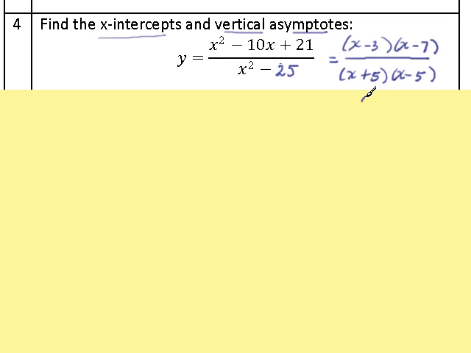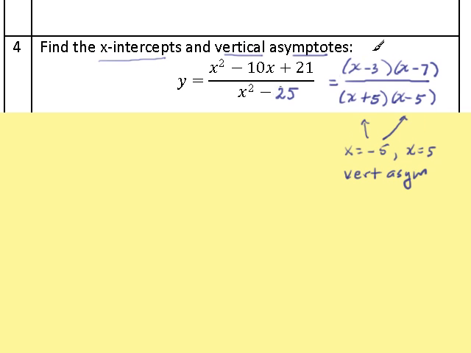So we have 2 vertical asymptotes. All right, x equals minus 5 and x equals 5. Those are vertical asymptotes. And here we have two x-intercepts. x equals 3, x equals 7. Those are x-intercepts.